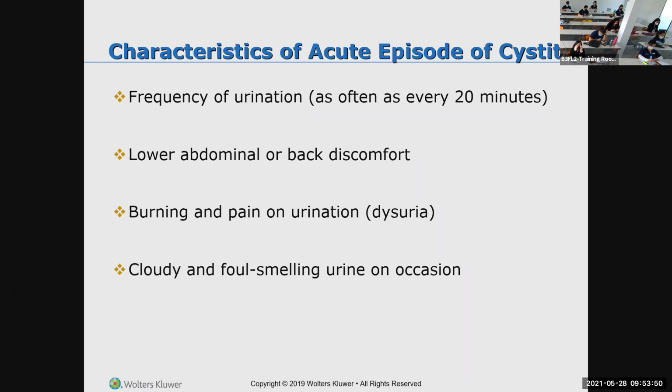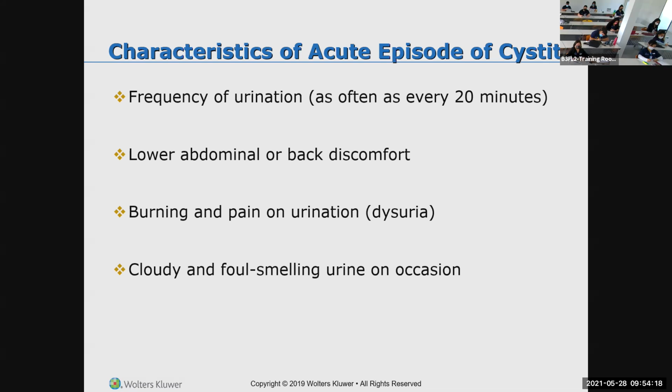Number three, burning or pain on urination. Please highlight the term that's called dysuria. Dysuria. Or the urine which is coming out may be cloudy, may be bloody.